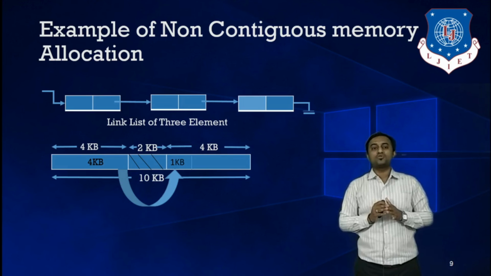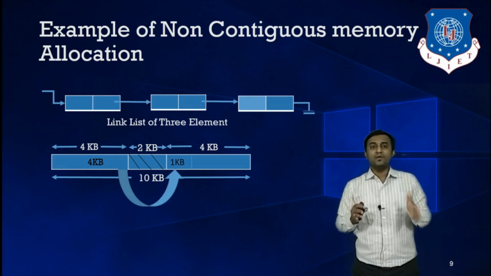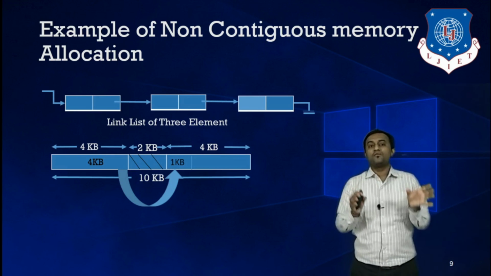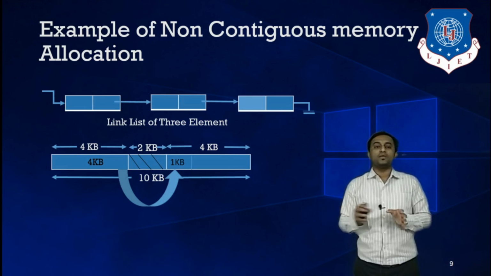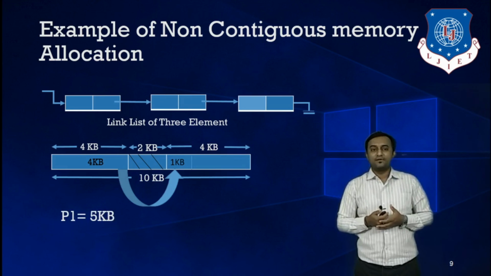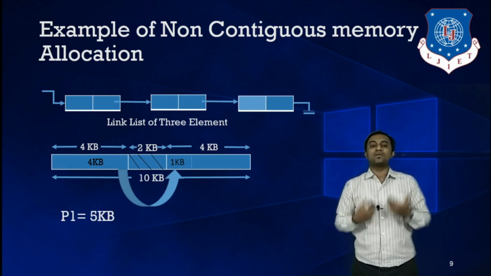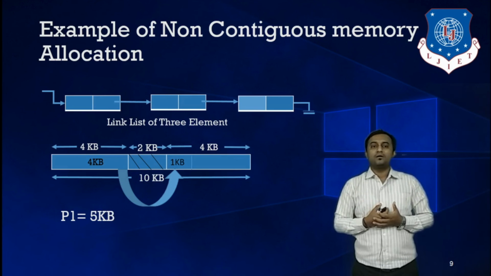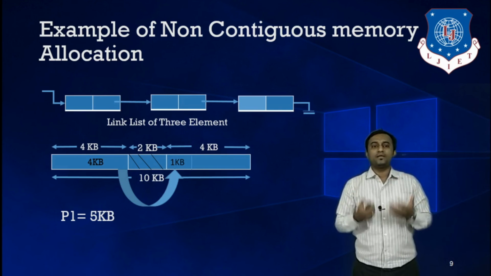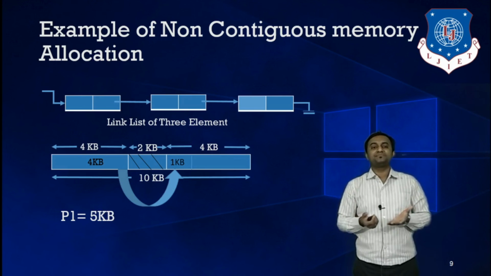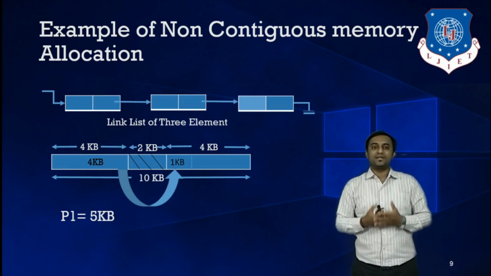But we can utilize 4 KB and 4 KB, available in a scattered manner. So if the same request arrives, like if a process requires 5 KB to be accommodated in main memory, what will happen? This request will be satisfied by the operating system.